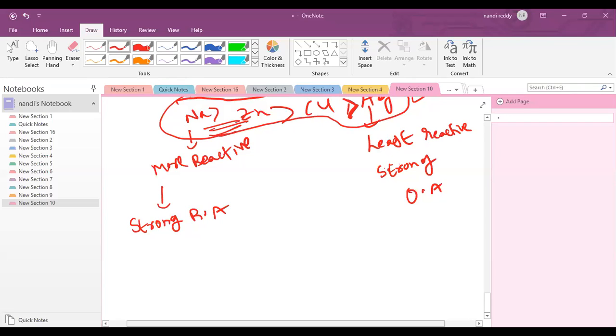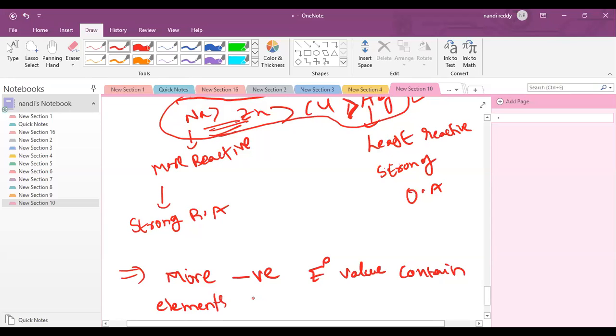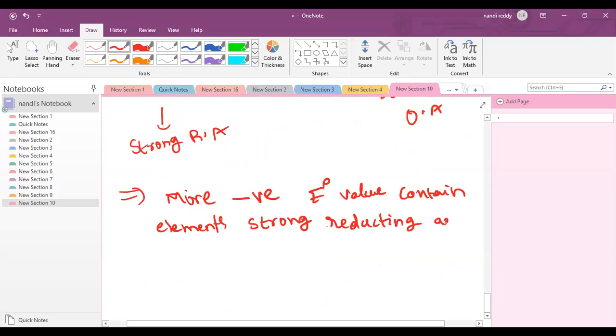Whichever has the highest negative value can act as a strong reducing agent. Please note down that point: elements with more negative E naught values are strong reducing agents.